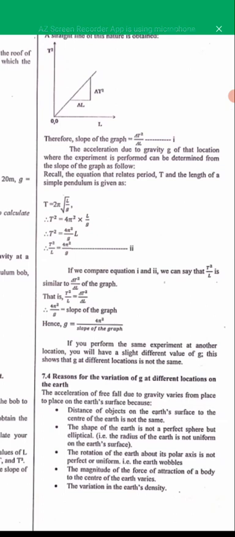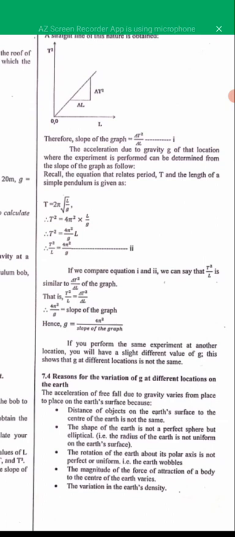The acceleration of free fall due to gravity varies from place to place on the earth's surface because of the following reasons. Number one, the distance of objects on the earth's surface to the center of the earth is not the same. Number two, the shape of the earth is not a perfect sphere but is elliptical, in the sense that the radius of the earth is not uniform on the earth's surface. Number three, the rotation of the earth about its polar axis is not perfect or uniform.